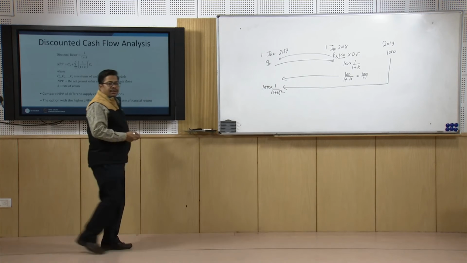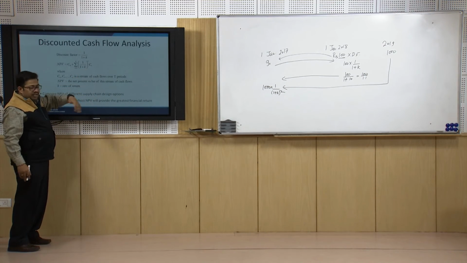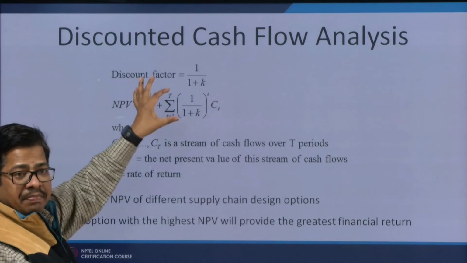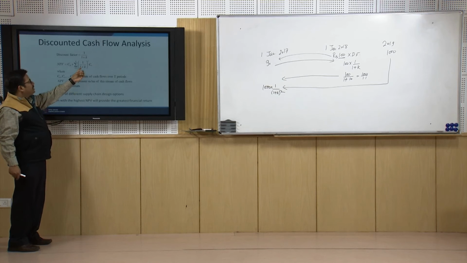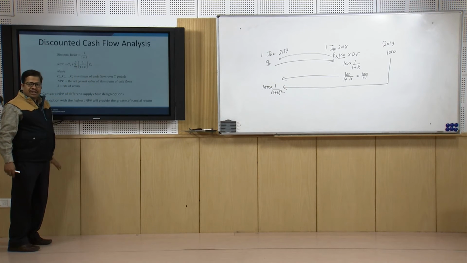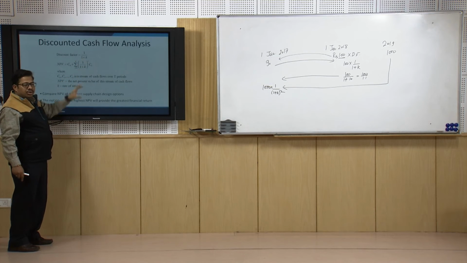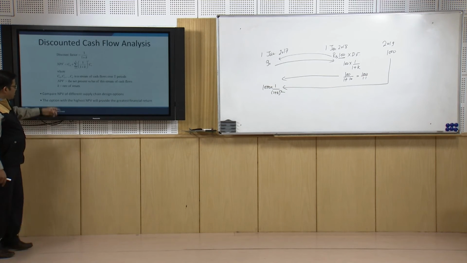So that is this term. If there are total T periods for which I am going to get the cash flows, this is how you will get the sum of those future cash flows with their present values. So this becomes the total net present value in this discounted cash flow.